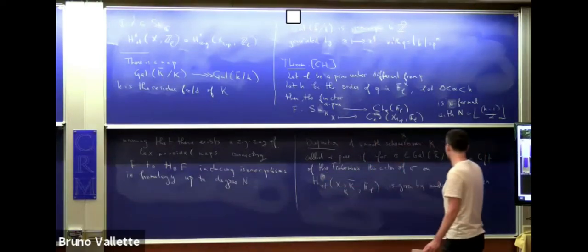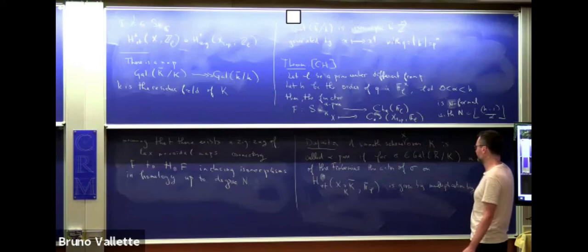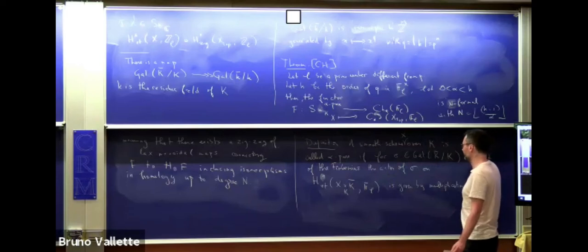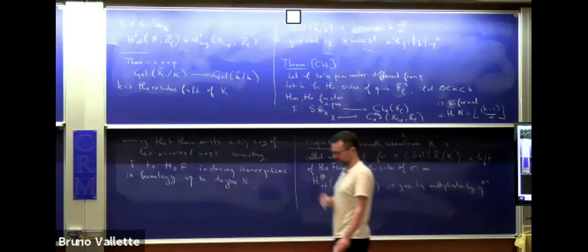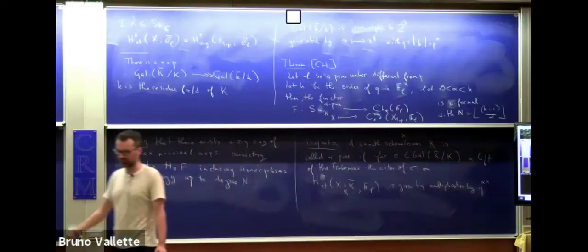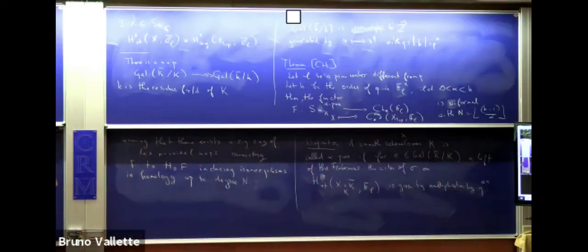So it's the same convention as I had yesterday. If alpha n is not an integer, this group would be trivial. And if alpha n is an integer, the lift of the Frobenius acts in this way.